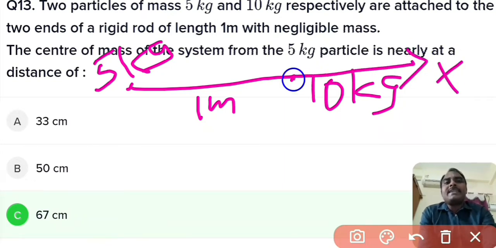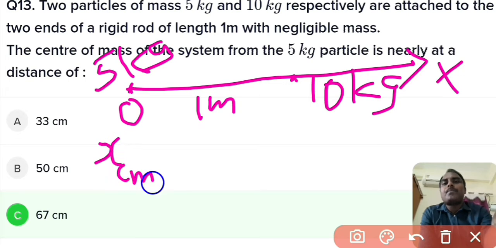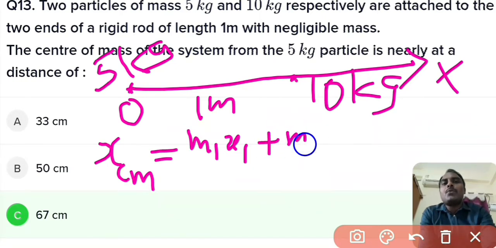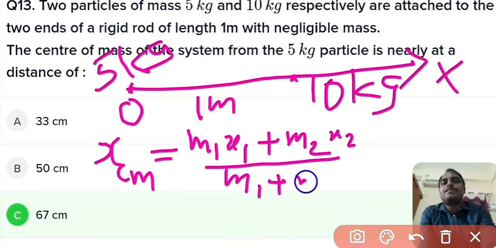So the 10 kg is on the x-axis at a distance of 1 meter from the 5 kg. You take the 5 kg as the origin. Then you can apply the x coordinate of center of mass formula: XCM equal to m1 x1 plus m2 x2 divided by m1 plus m2.